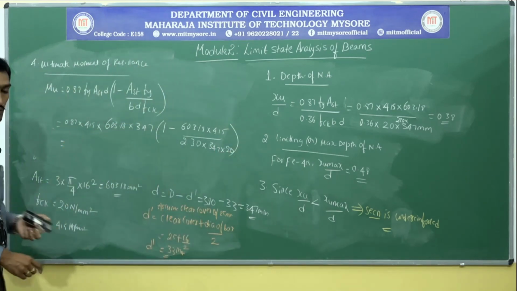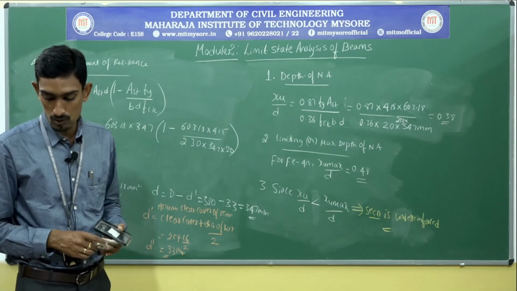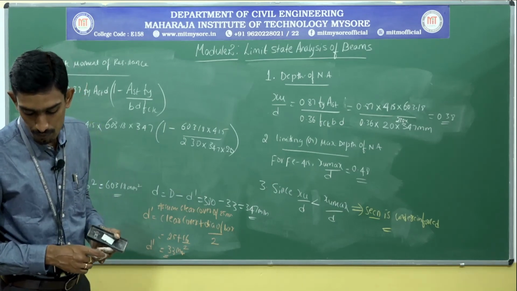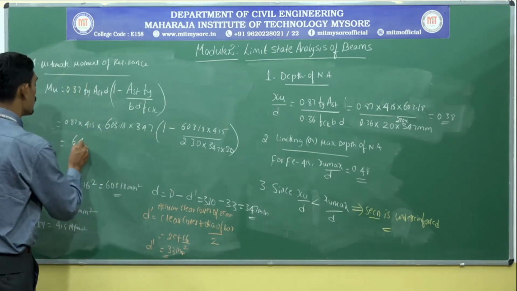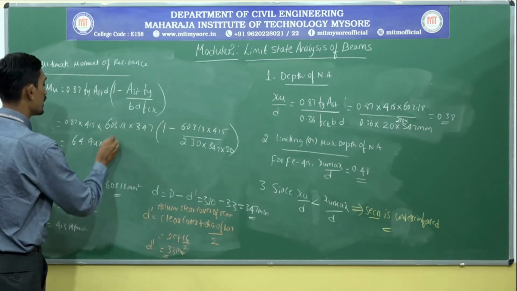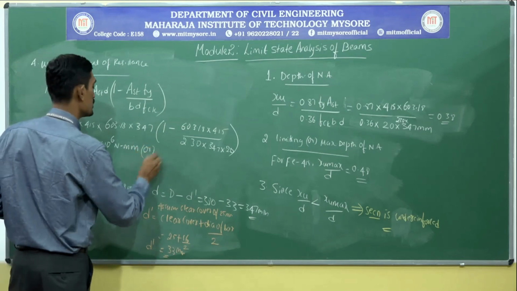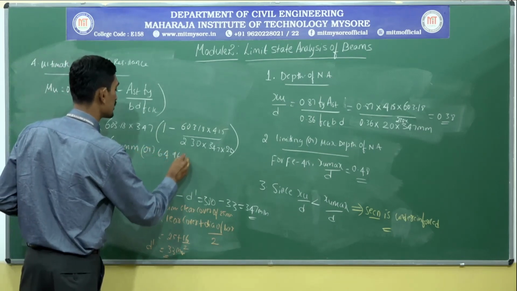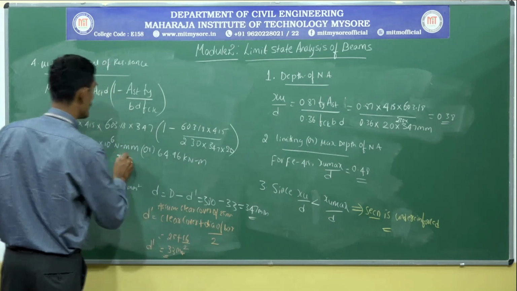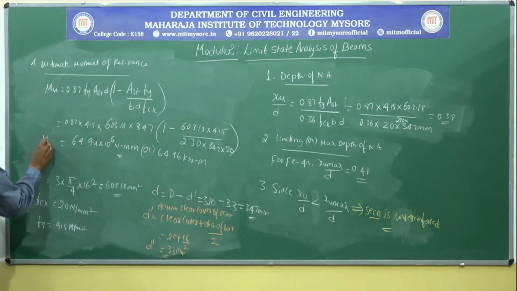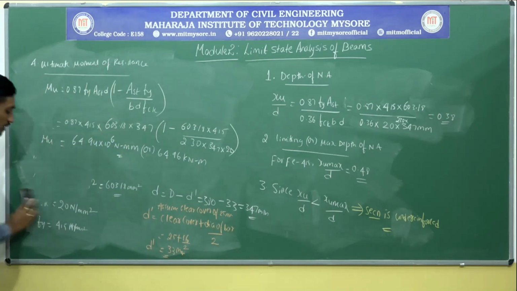So this works out to be Mu is equal to 64.94 into 10 to the power of 6 Newton millimeter, or 64.94 kilonewton meter. So this is your Mu.